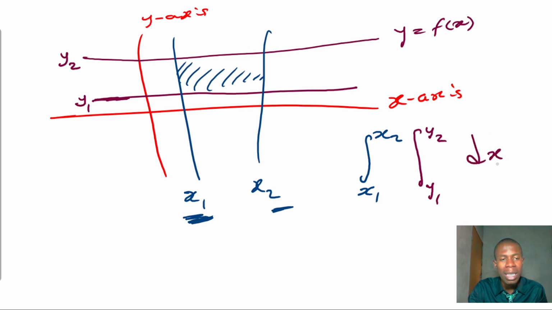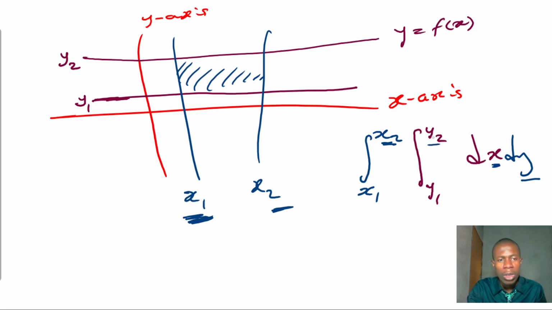So that is simply saying x equals to y, and dy, which would be right here. So y is equal to x and x equals to y. That is the logic there.